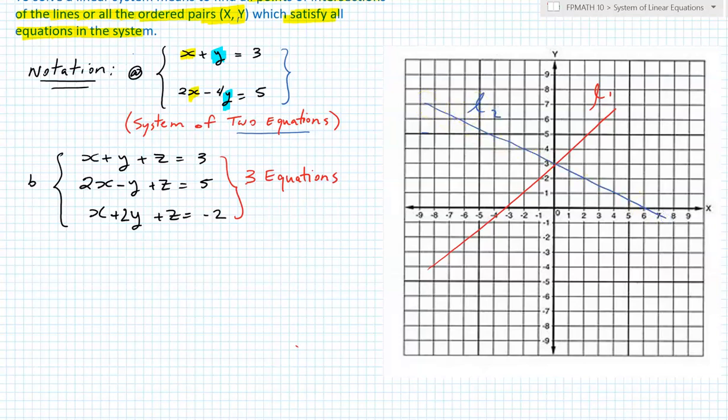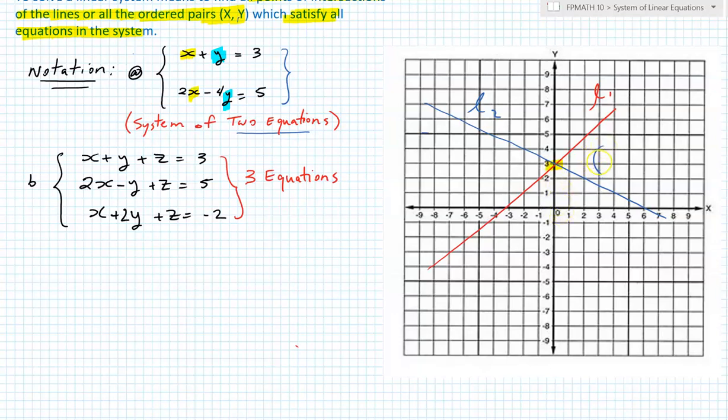If we want to solve the system where these two lines are in that system, what we are looking for is the point of intersection of the two lines. And where do they intersect? Right there. That is the point of intersection, and in this case we can write it as the coordinate, whatever the coordinate is.